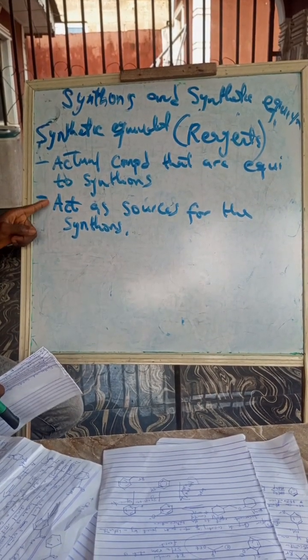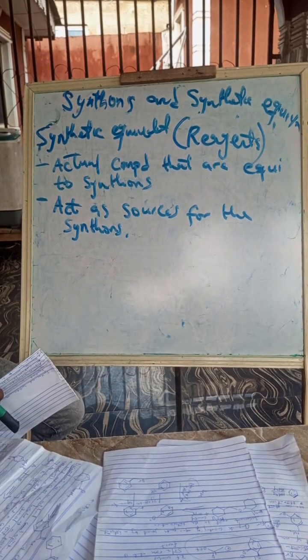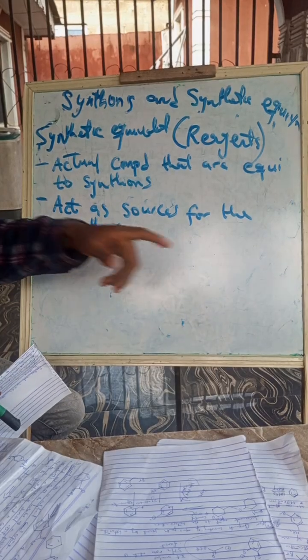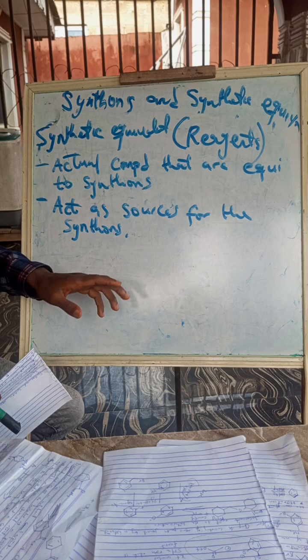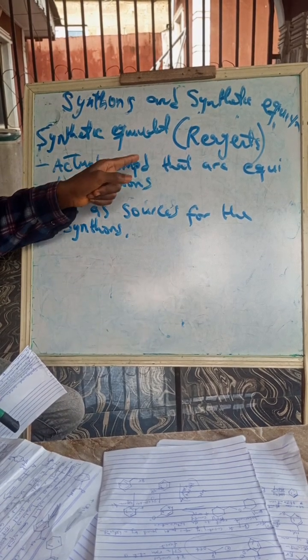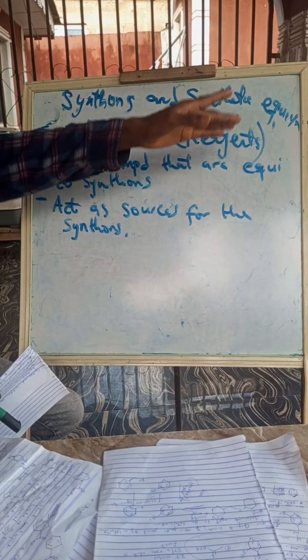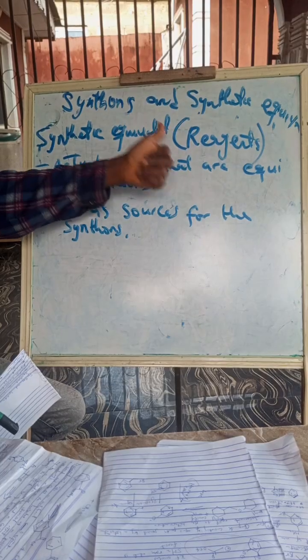Another point is that they act as a source for the synthons; they are a pathway for the synthon. We'll show some simple examples below to differentiate what we mean by synthons and synthetic equivalent. That is, our synthetic equivalent is a pathway to synthons.